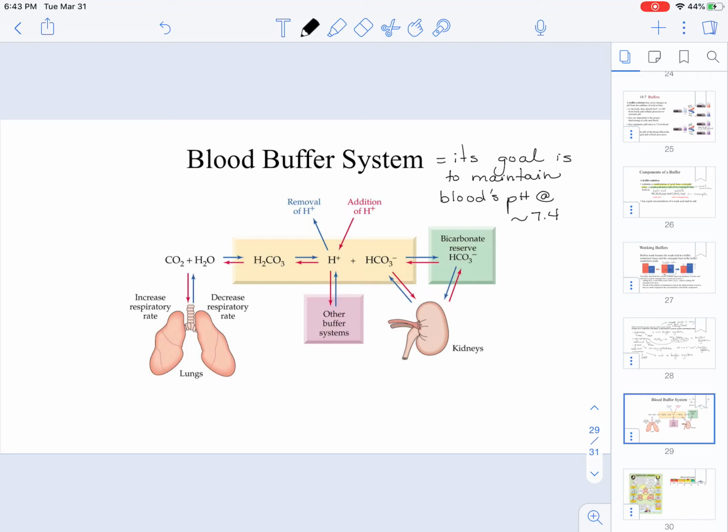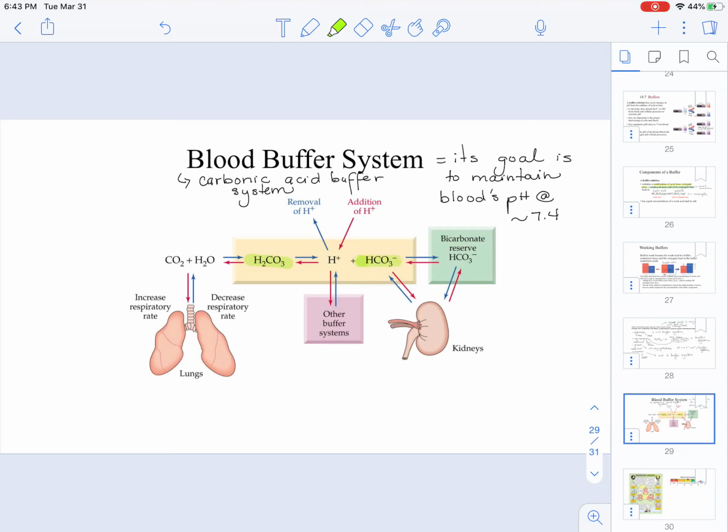Understand that this blood buffer system is also known as the carbonic acid buffer system. And the reason is because it is composed of carbonic acid and its conjugate base, hydrogen carbonate.